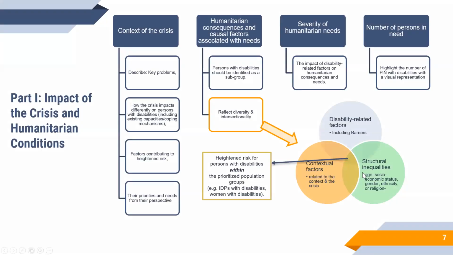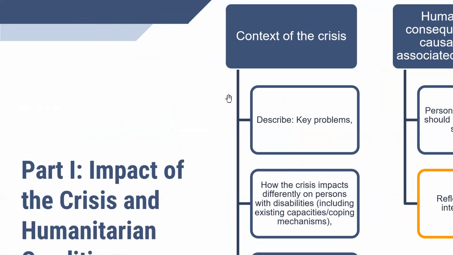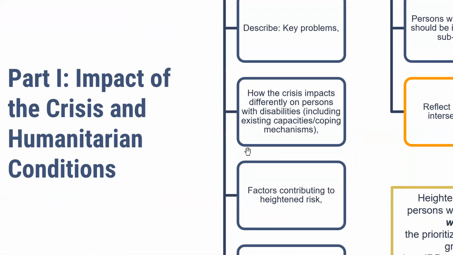Then we will go to the second part, which is focusing on the impact of the crisis on humanitarian conditions. If we take the first part, with the context of the crisis, we need to describe the key problems facing persons with disabilities in the context of the crisis itself, and how the crisis is impacting them differently.